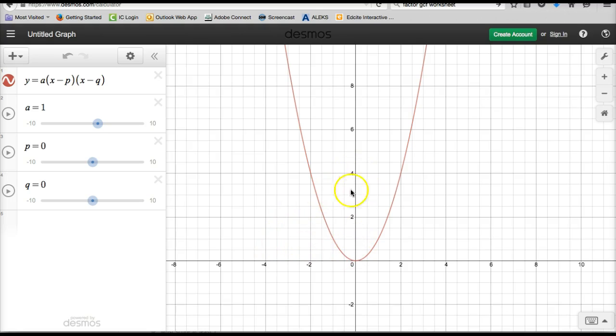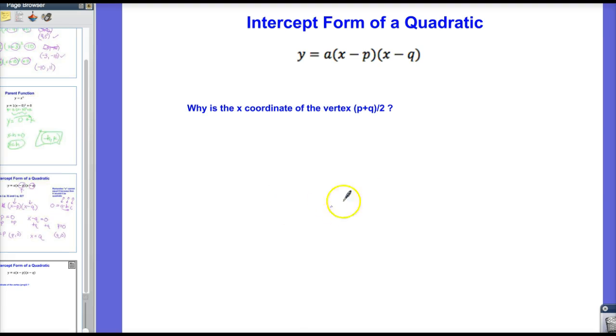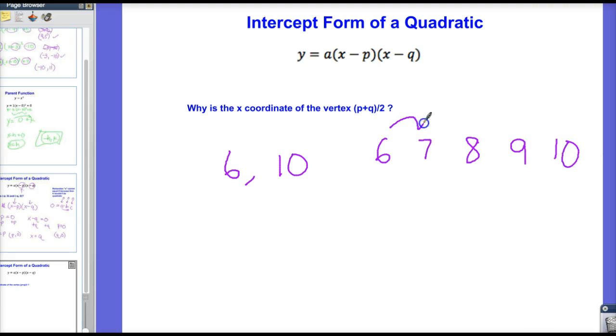So how do I find the middle of 2 points? Well, let's say I want to find the middle between 6 and 10. Well, I could write them all out, 6, 7, 8, 9, and 10, and say, okay, it's 2 this way and 2 this way. There's 8. Boom. Or you could have already known that in your head. But how do we do that mathematically?